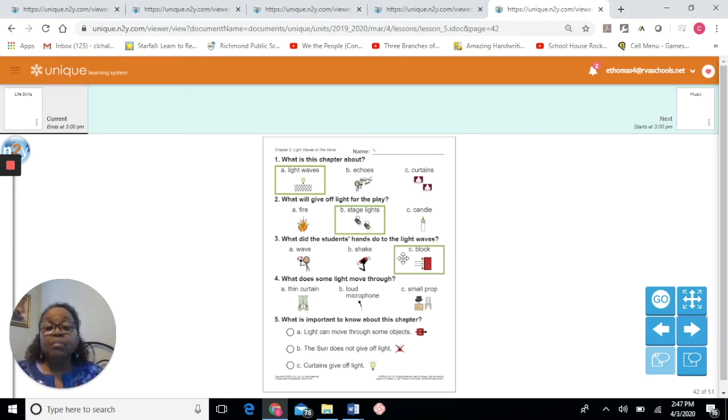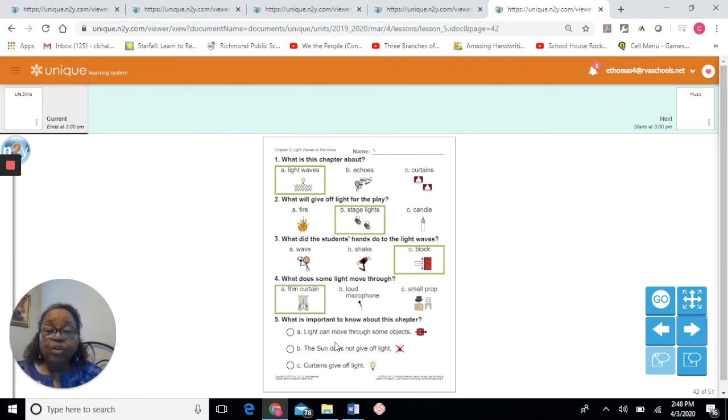What does sunlight move through? A, thin curtain, or C, small prop? In the story, I remember they used a thin curtain. Let's try that. Excellent. We got a green box. What does sunlight move through? Thin curtain.